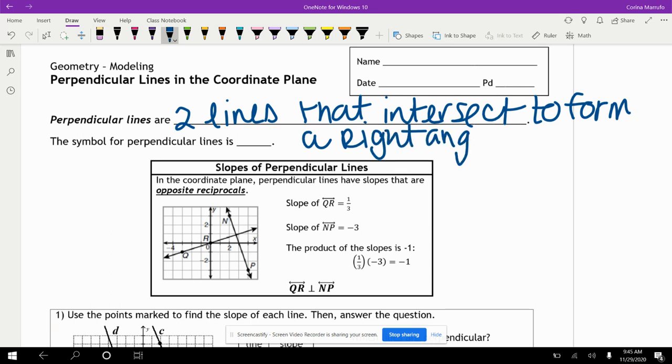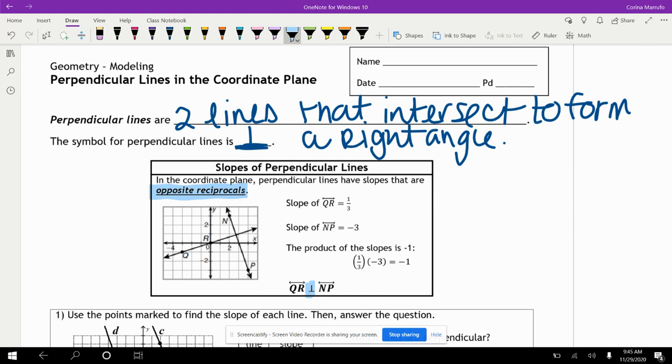And a right angle is 90 degrees. So the symbol for perpendicular is going to be an upside down T. So if you want to see kind of what it looks like, it looks like this. That means perpendicular. So in the coordinate plane, perpendicular lines have slopes that are opposite reciprocals.